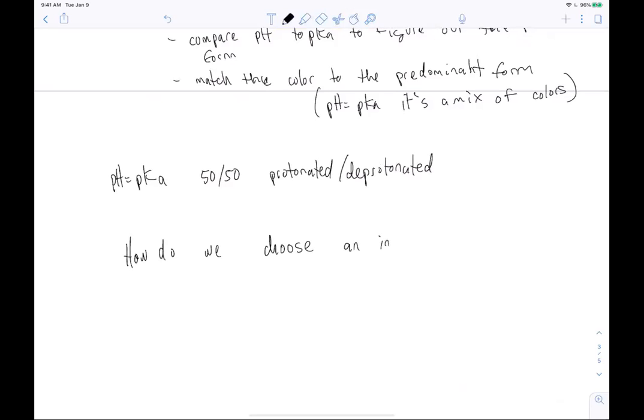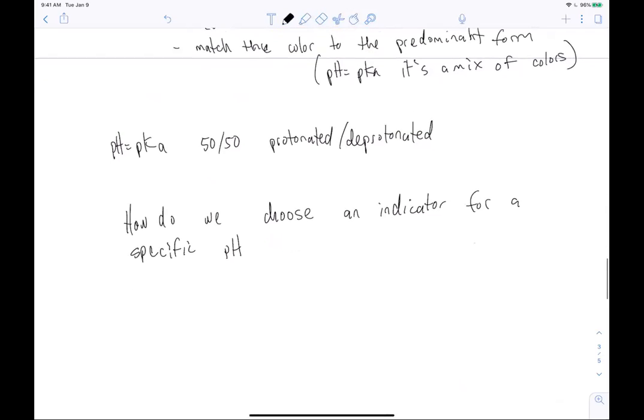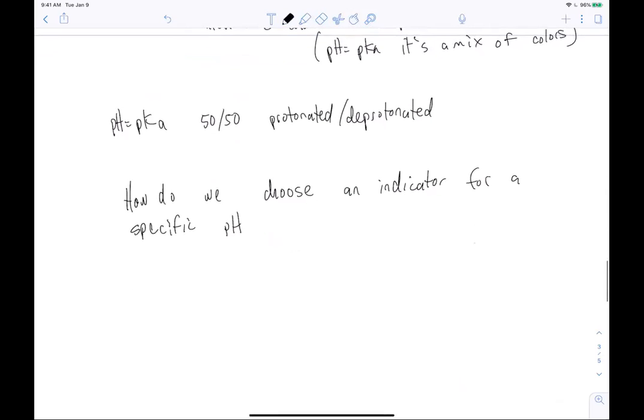choose an indicator for a specific pH? So remember, with pH, we're looking at the solution. The pH is sort of ignorant of what acids are in solution. You're just taking a blunt measurement of how much free H+ is in solution.